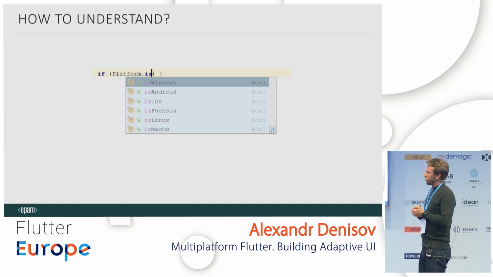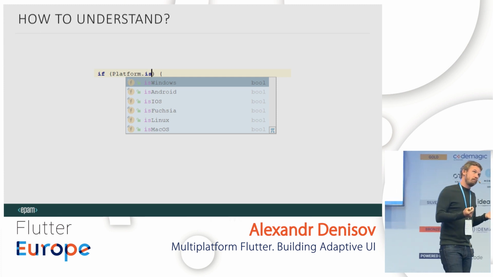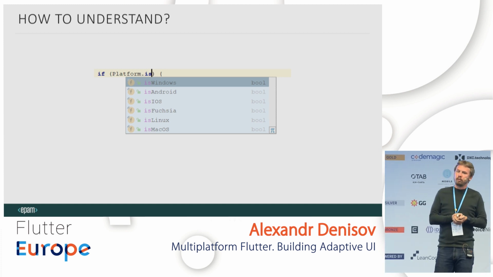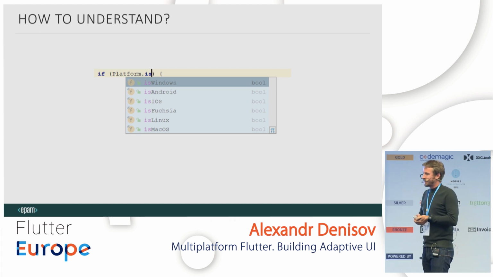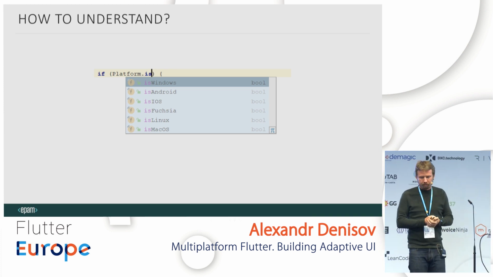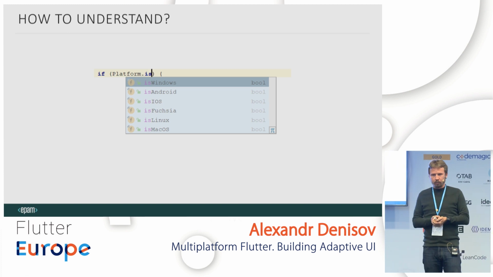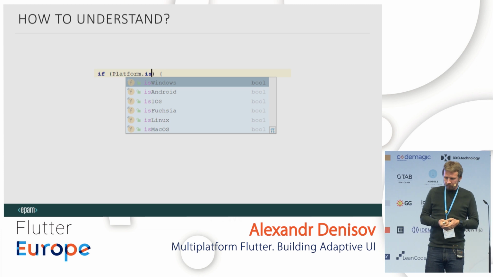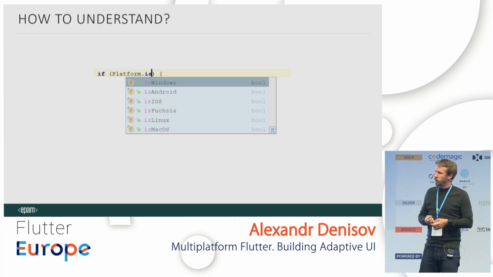How can this information help us? macOS and Windows can't be installed on a TV, I guess. Okay, but it's not enough, because Linux can work on TV and on desktop. We can check resolution with the MediaQuery class, but it's not a solution, because resolution can be almost the same.